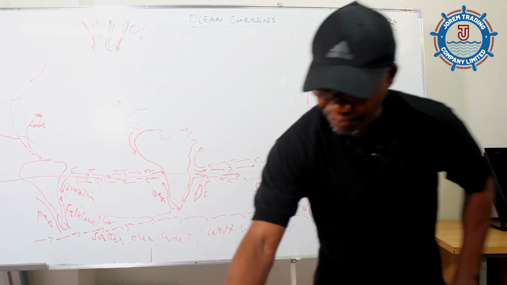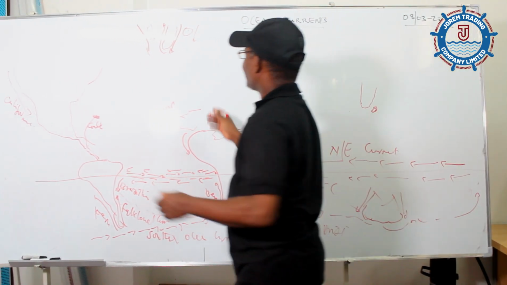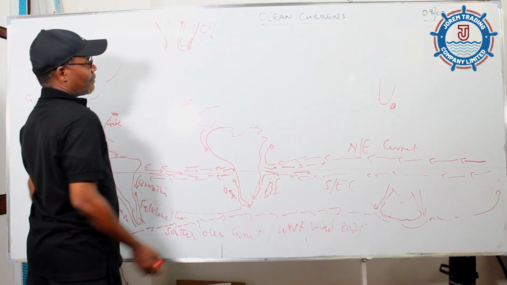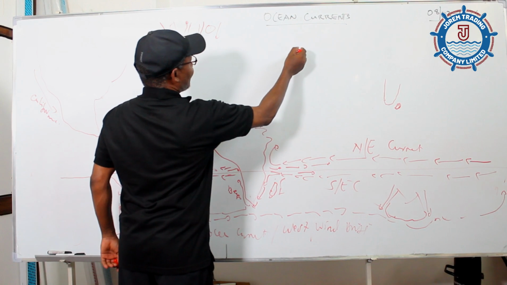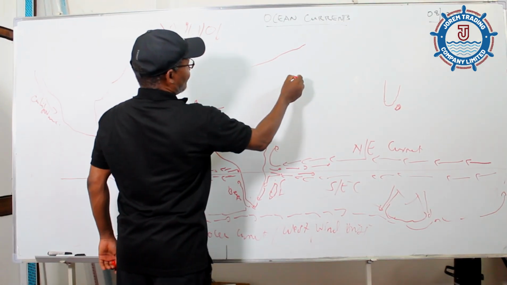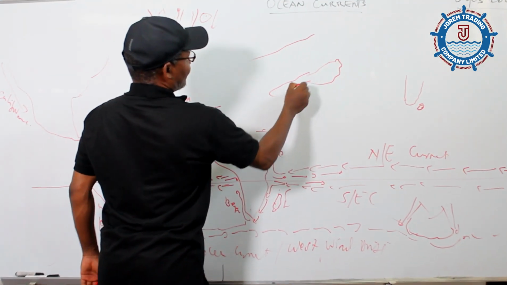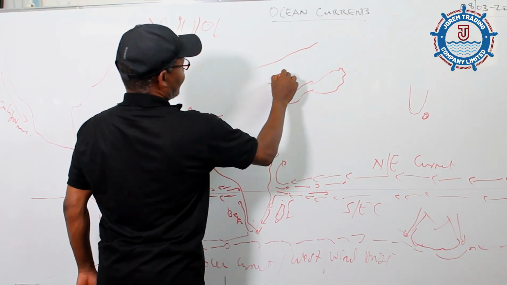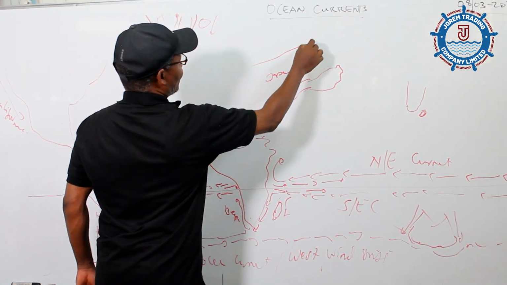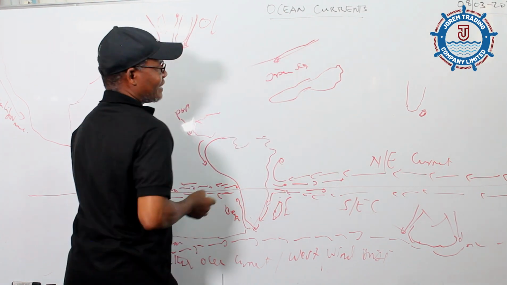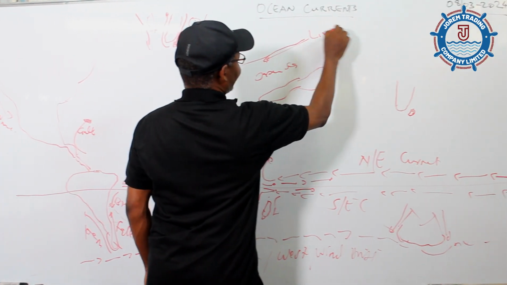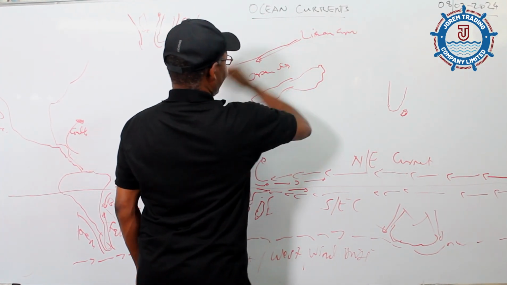Some other currents, for example, the Japan Sea. You have this Japan Island, and this is the Japan Sea. You have the Liman current going that direction.